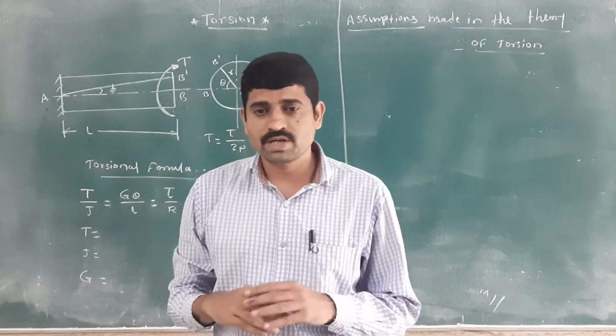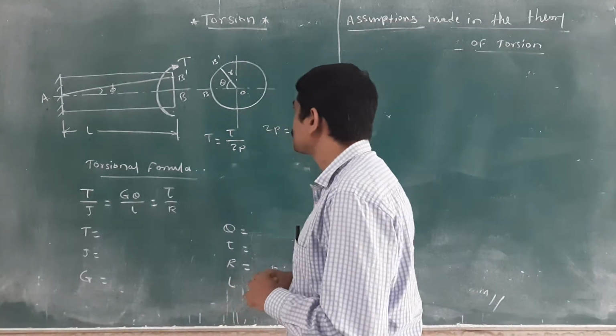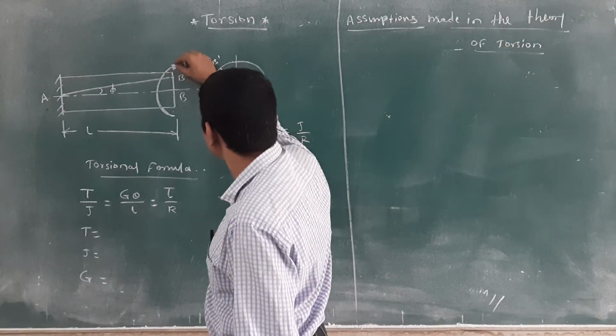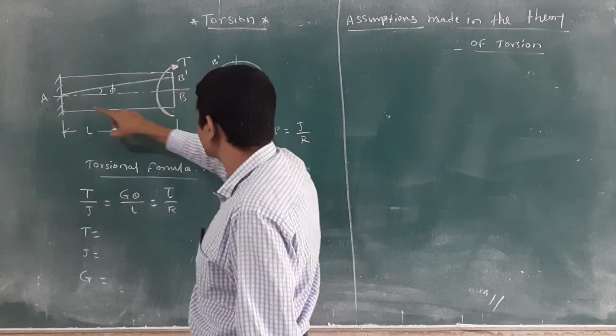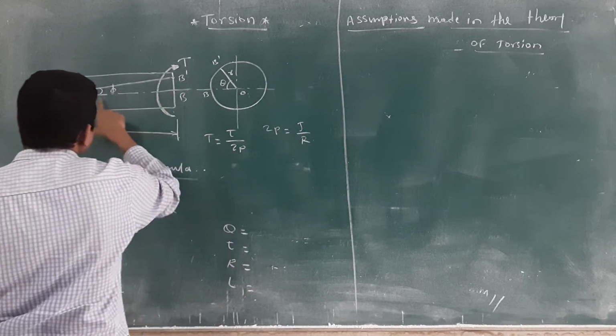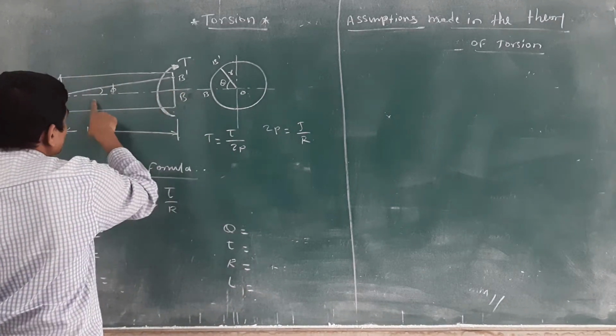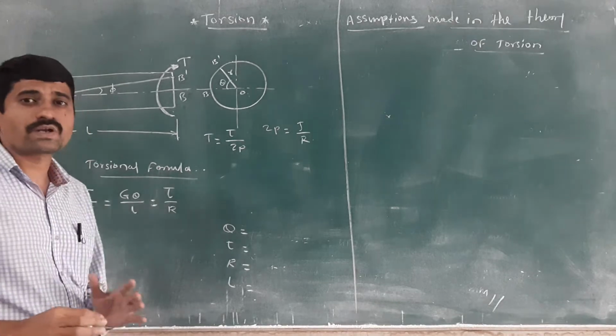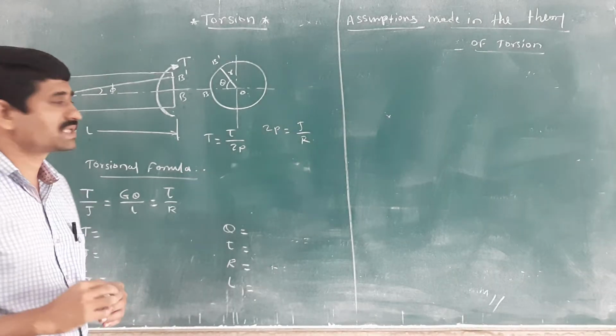Very simple definition: a member which is subjected to a couple which produces rotation about its longitudinal axis is known as torsion or twisting moment.